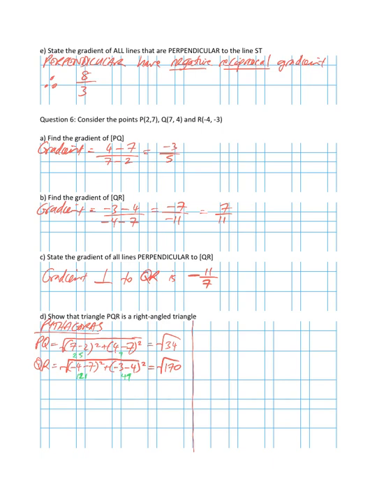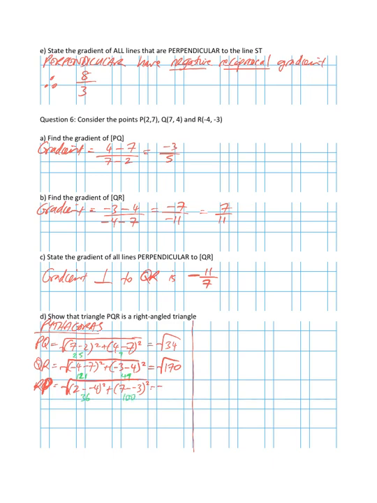And then the last side of the triangle, not RQ, it's going to be RP, is going to be the square root of 2 take negative 4 squared plus 7 take negative 3 squared. 2 take negative 4 is going to be 6. 6 squared is going to be 36. 7 take negative 3 is going to be 10. 10 squared is going to be 100.